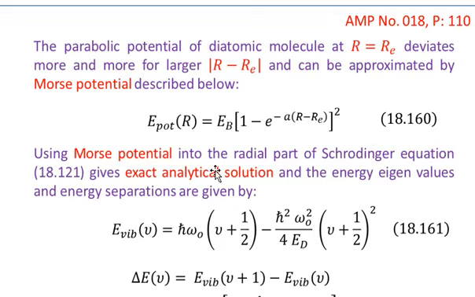Using the Morse potential in the radial part of the Schrodinger equation given in equation number 121 gives an exact analytical solution. The most important value of this Morse potential is that when it is used in the Schrodinger wave equation, you will get an exact analytical solution.